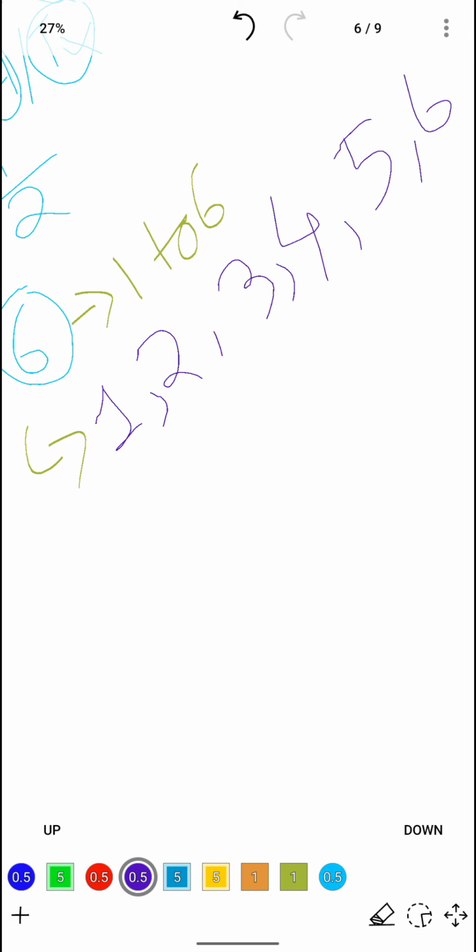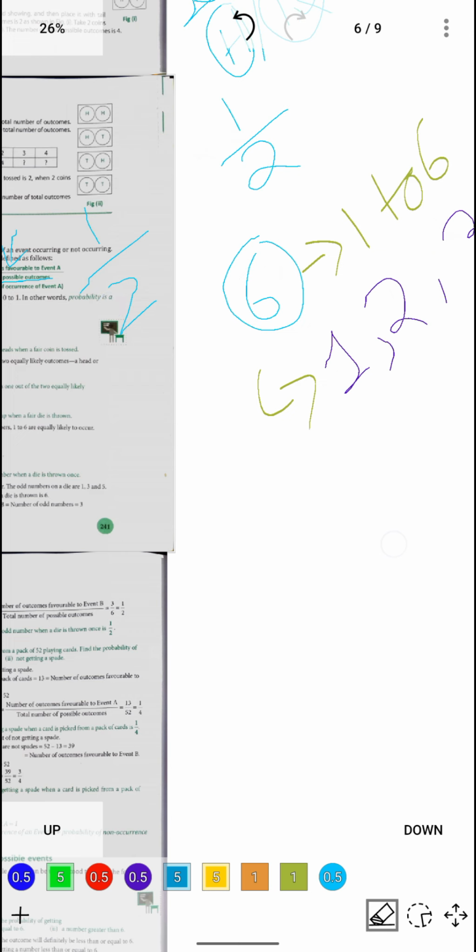So when a die is thrown, there are 6 different numbers that can come up. There are 6 different possibilities. So the total number of possible outcomes is going to be 6, which is going to form our denominator in this particular question.